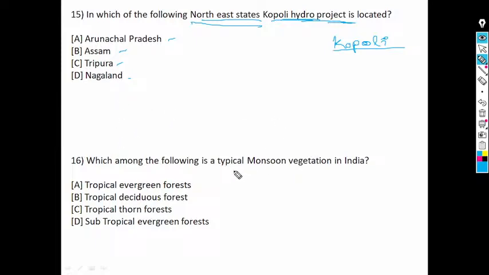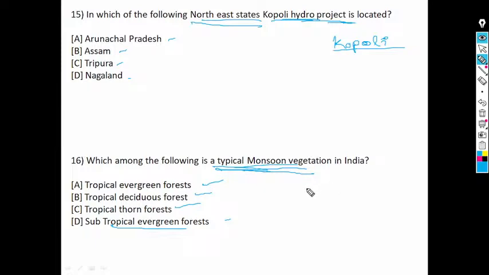Which of the following is the typical monsoon vegetation in India? Tropical evergreen, tropical deciduous, tropical thorn and subtropical evergreen forest.